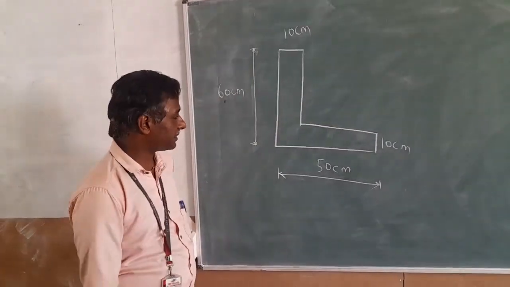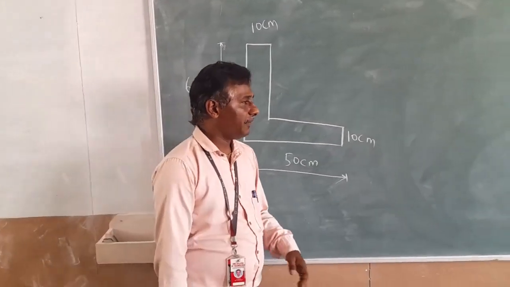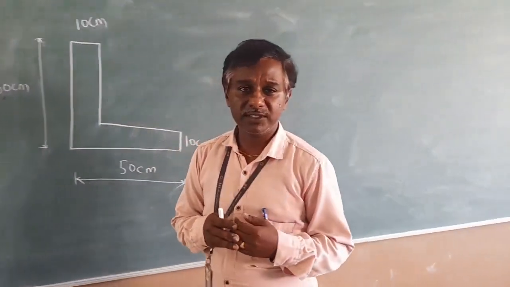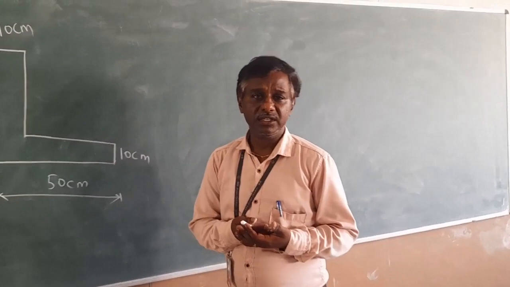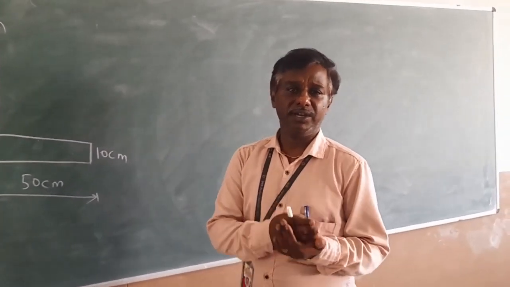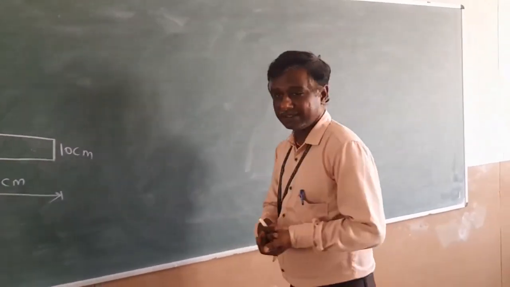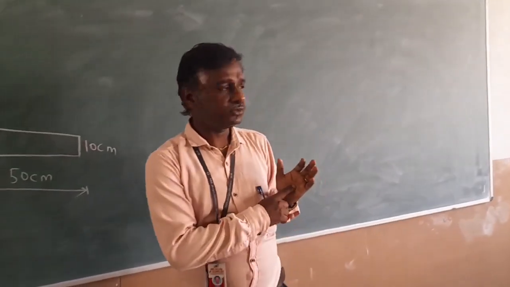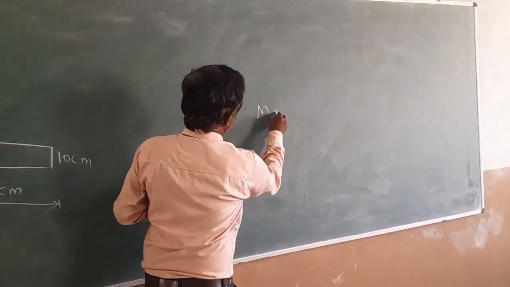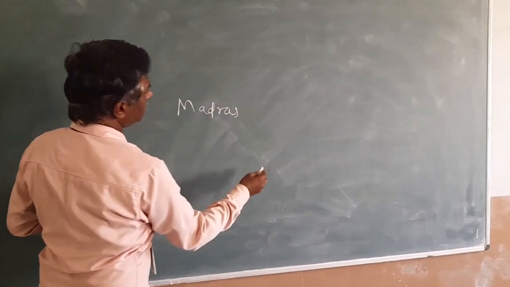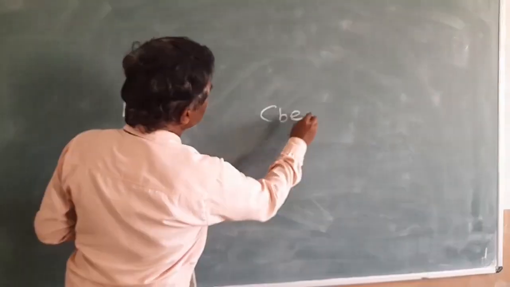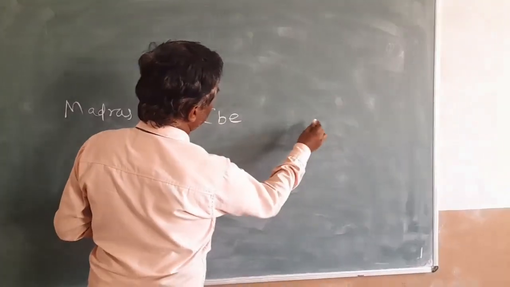First, when we are going to solve for the centroid of a composite section, we must have a reference point. Let's take Madras, Coimbatore and Kochi.